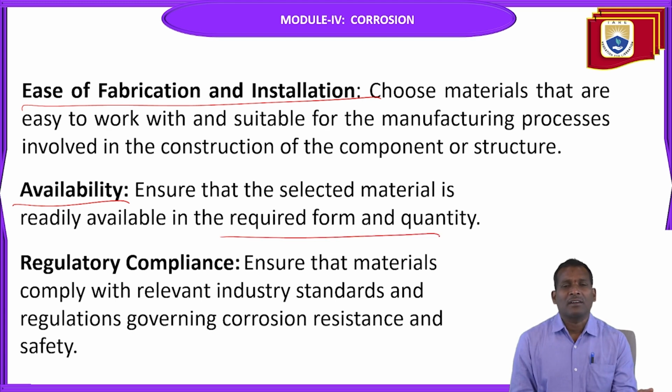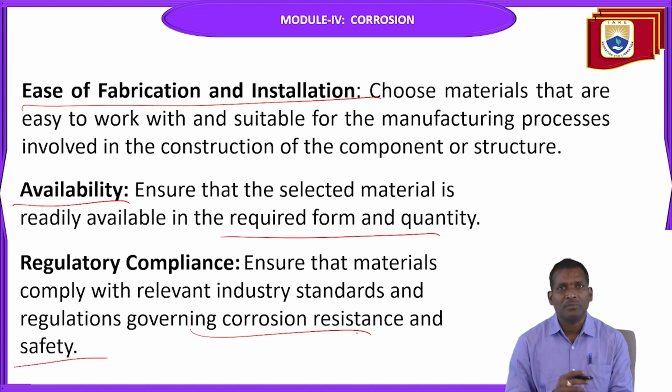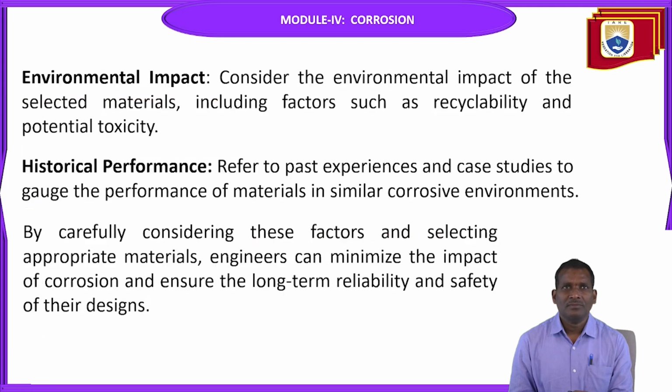And regulatory compliance. Ensure that materials comply with the relevant industry standards and regulations governing corrosion resistance and safety precautions. So you must check these compliance requirements. Next one is environmental impact.